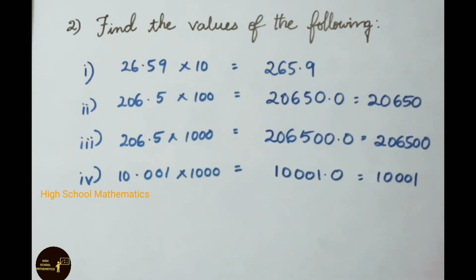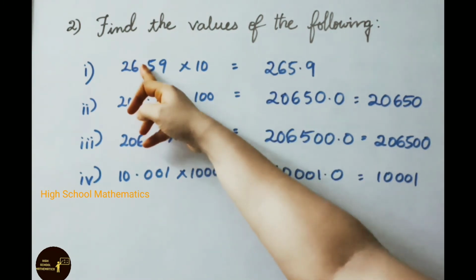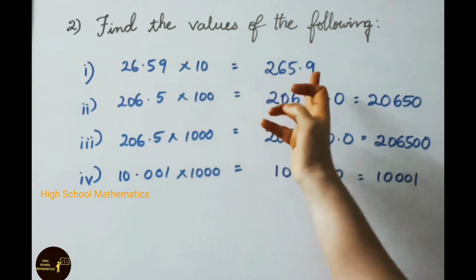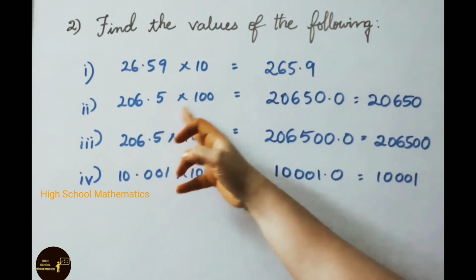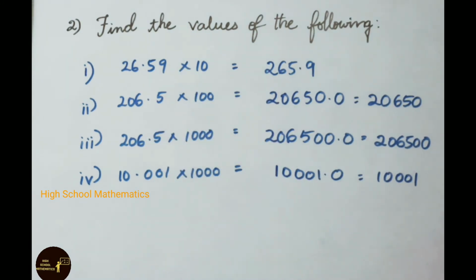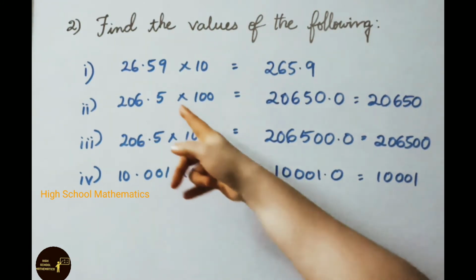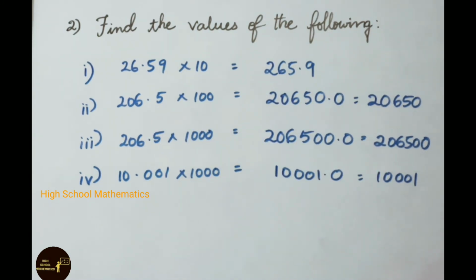What we have done in all these examples: when we are multiplying by 10 we have to shift the decimal point 1 place towards right side. So here the answer became 265.9. In this example we are multiplying by 100. Here after the decimal only one digit is there. So we have added a 0 at last and shifted 2 decimal places towards right side.